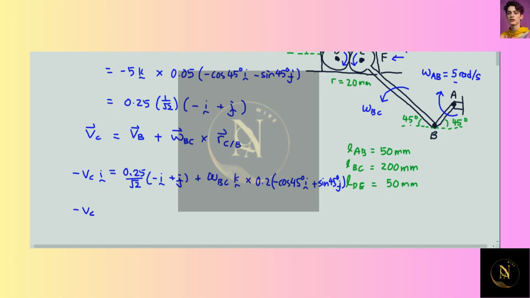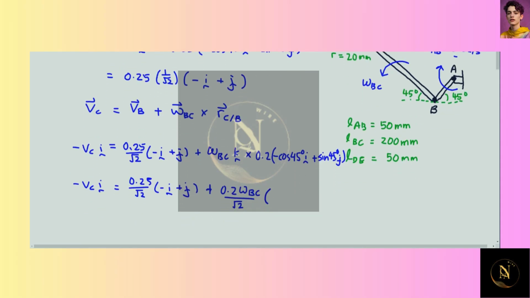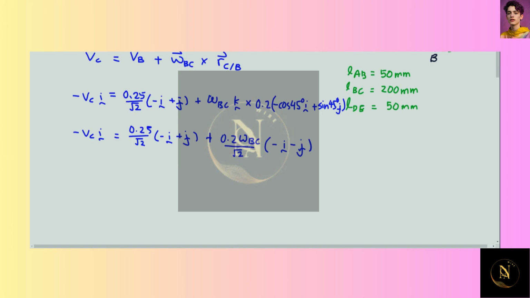We do the cross product. So we have 0.2 omega BC divided by root 2. K cross minus I is minus J. K cross J is minus I. So this is what we get, and then we group the like terms.